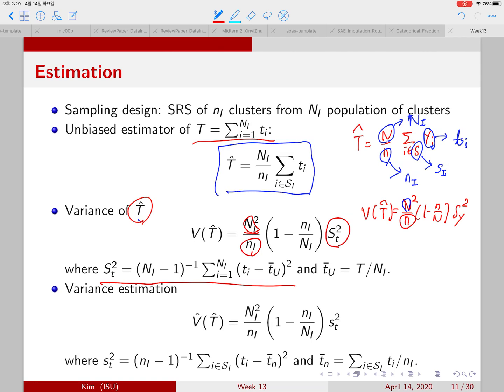That is the variance of t hat, the estimated total. For variance estimation, the only difference is that the population variance is replaced by the sample variance, so we have a small s_t squared, which is the sample-level estimator. So that basically applies the estimation formula for simple random sampling, written at the cluster level.